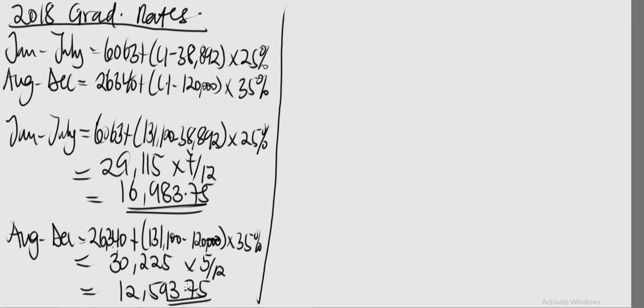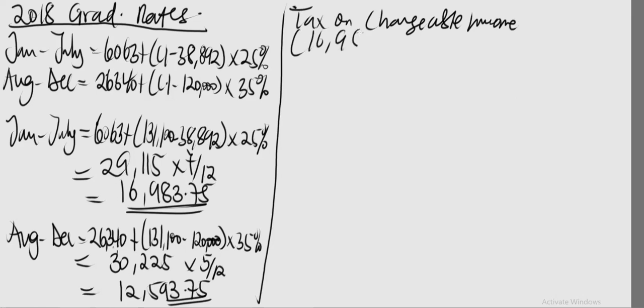So his tax on his chargeable income would be 16,983.75 plus 12,593.75, and that gives us 29,577.5.